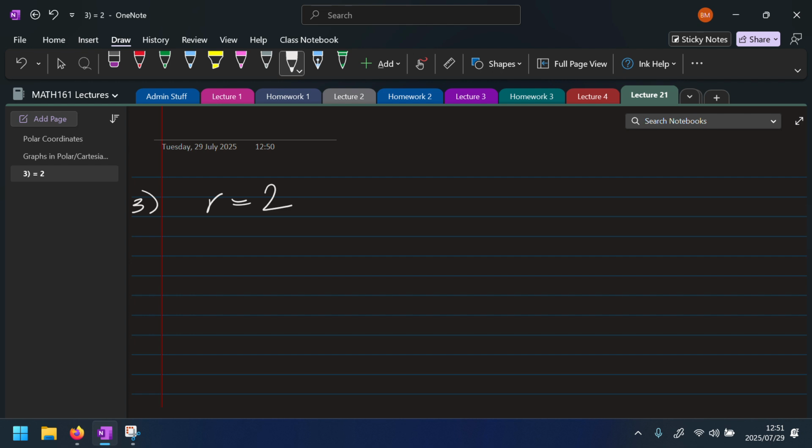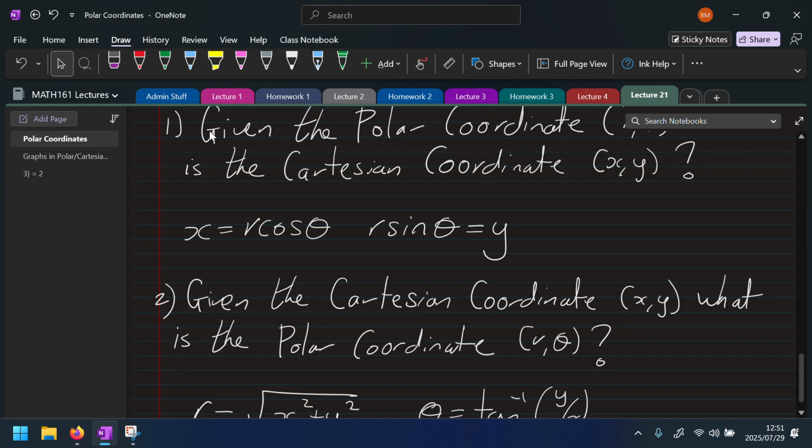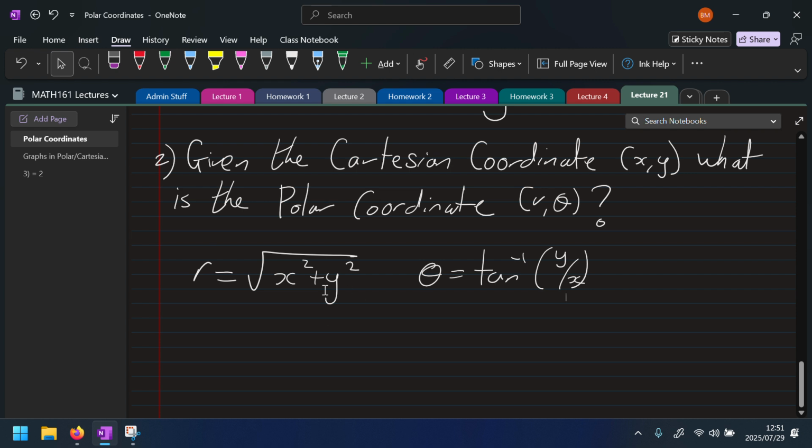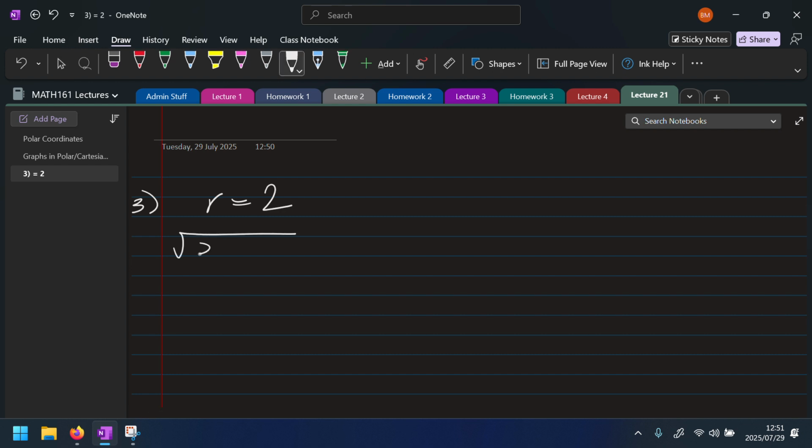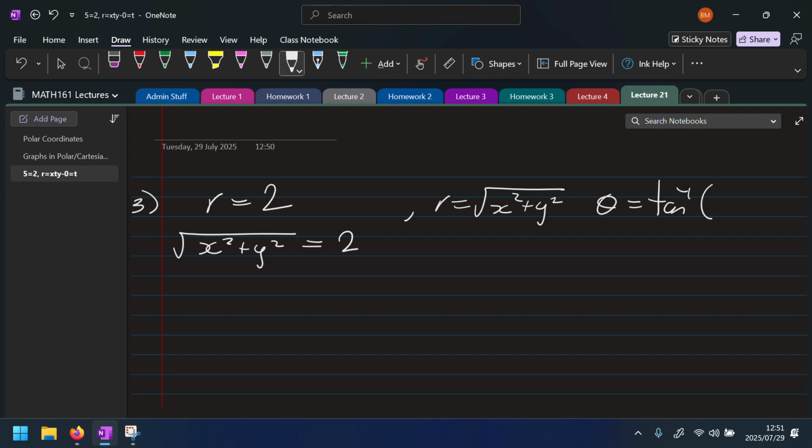So what do we do? We do the substitution. Now instead of substituting this one like we had before, we substitute the other one because we're going backwards. So R is going to be root of x squared plus y squared, and that will be 2. And theta was arctan y over x.